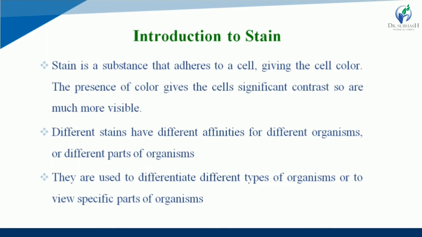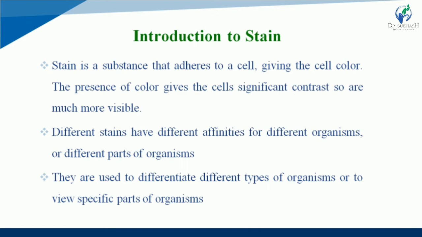First one, introduction to stain. So, stain is a substance that adheres to a cell, giving the cell color. And the presence of color gives the cell significant contrast, so cells are much more visible. So, what is the role of stain?